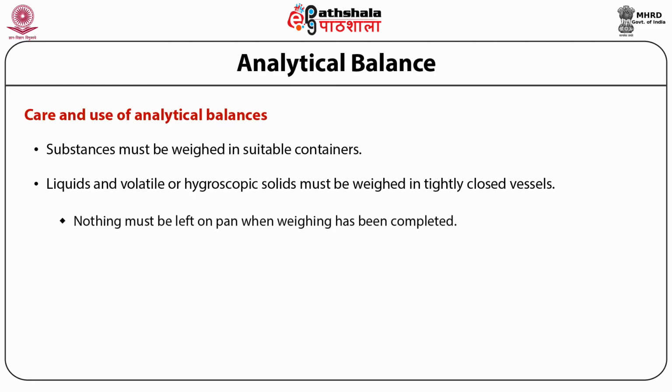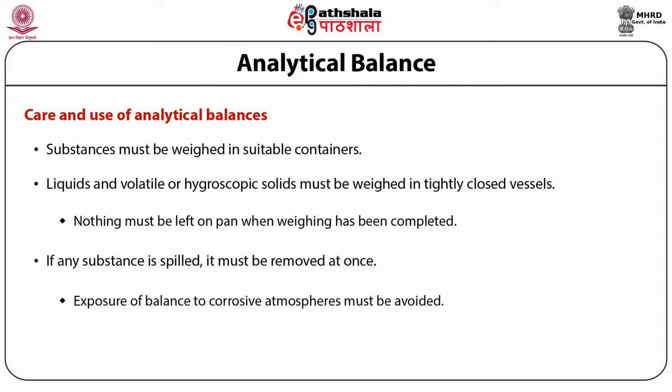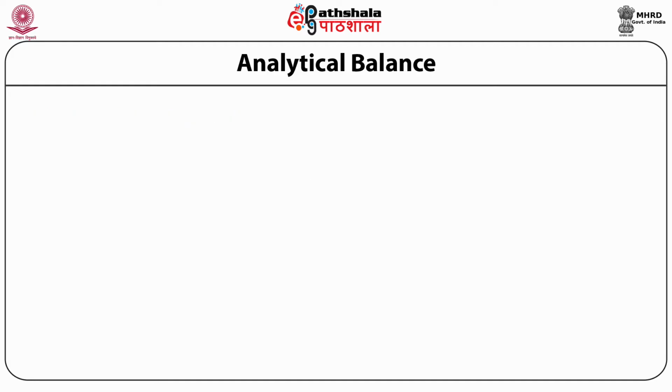Nothing can be left on the pan when weighing has been completed. If any substance is spilled accidentally upon the pan or upon the floor of the balance compartment, it must be removed at once. Exposure of the balance to corrosive atmosphere must be avoided. There may be chances of some error while weighing.